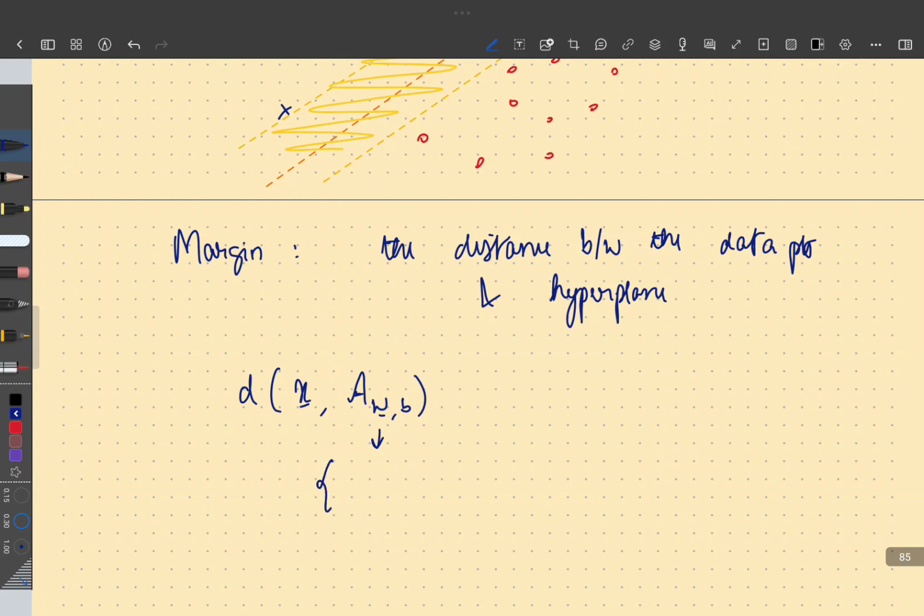Call this the set of all x in R^d such that w transpose x plus b equals 0.